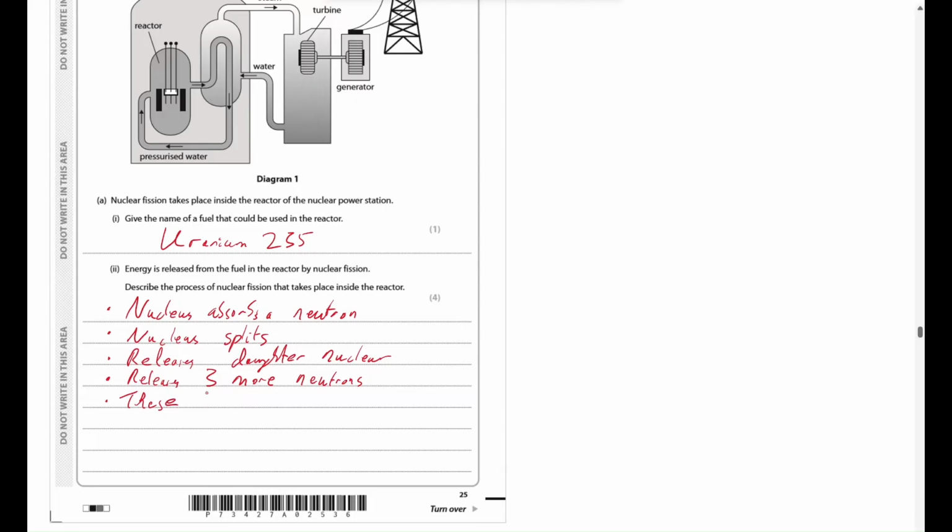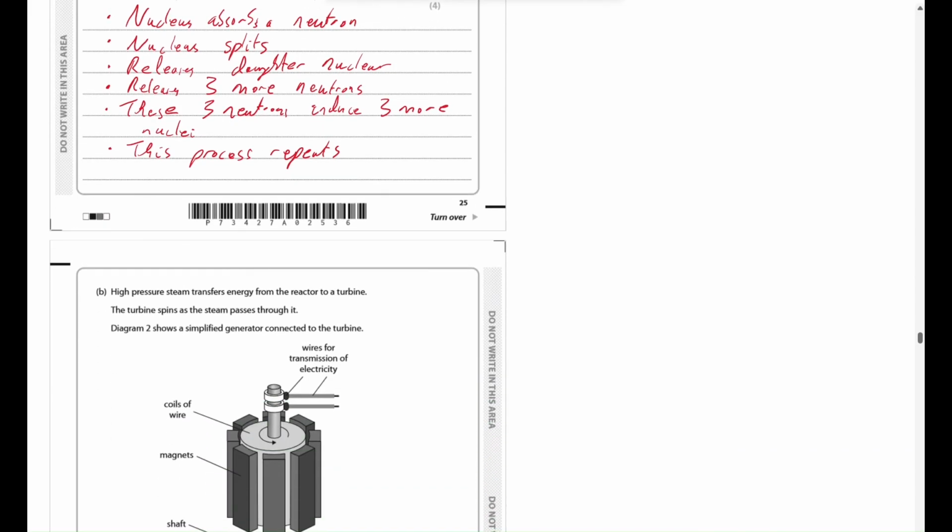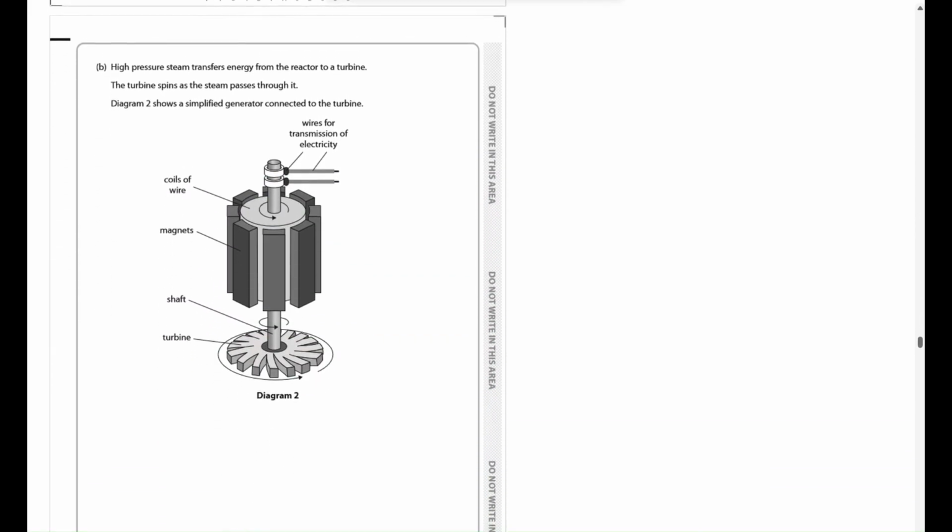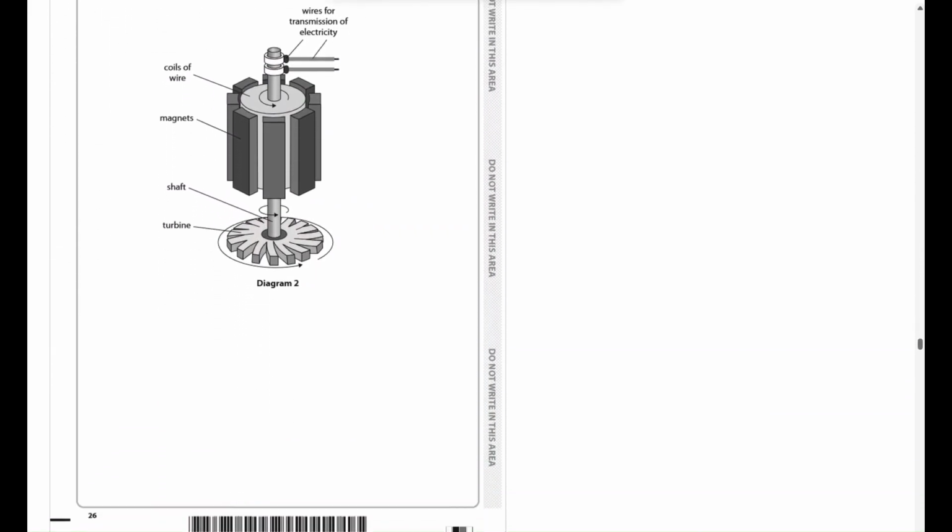Okay, so it's these 3 neutrons that then make a chain reaction that can get out of control quite quickly if you're not careful. So we've got 3 neutrons out. These are going to do 3 more fissions, and this is a process that repeats.